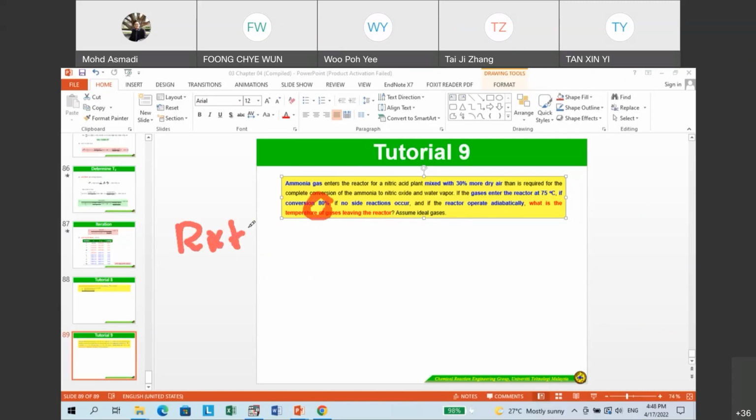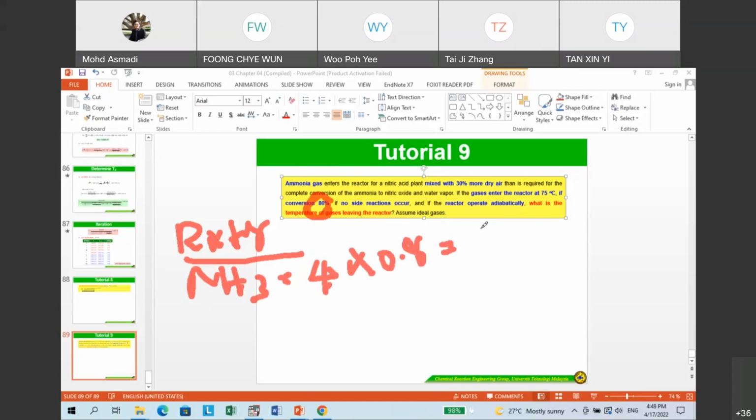Okay, NH3 is equal to, because our basis is 4 mole, 4 times with 0.8. Only 3.2 mole reacting, and the rest will be exit as non-reacting. Okay, non-reacting product.